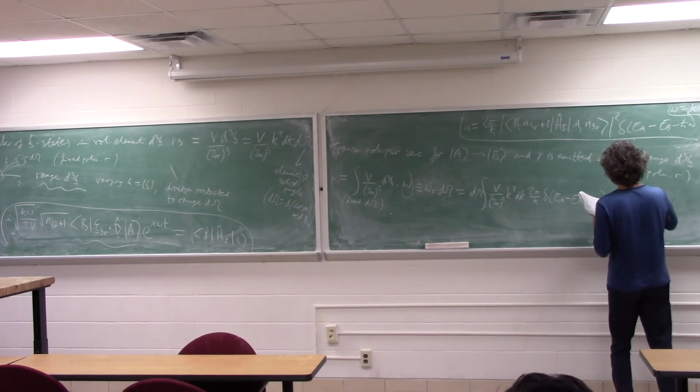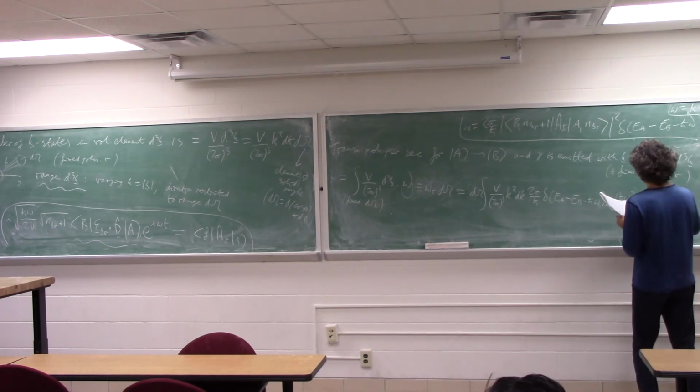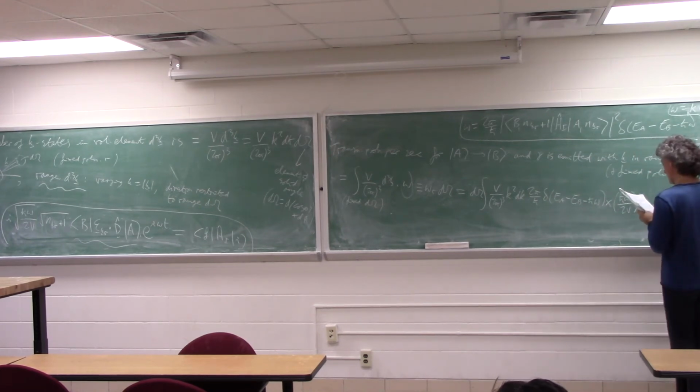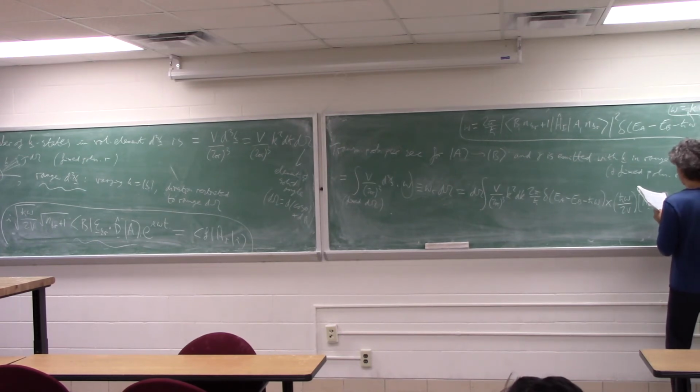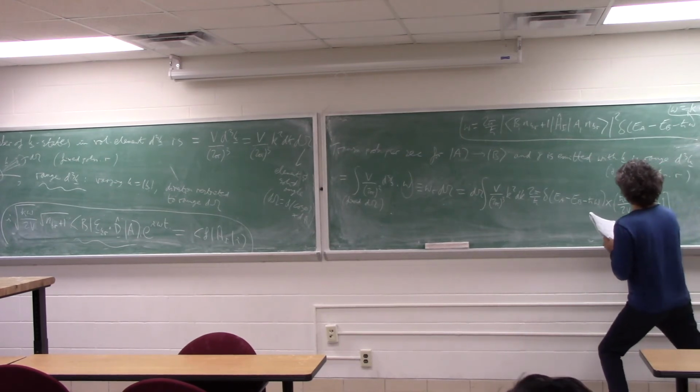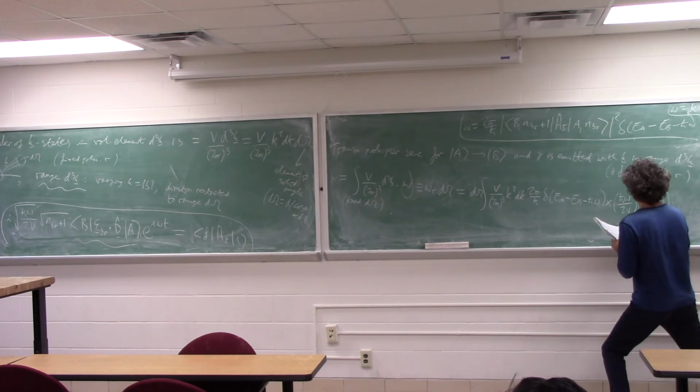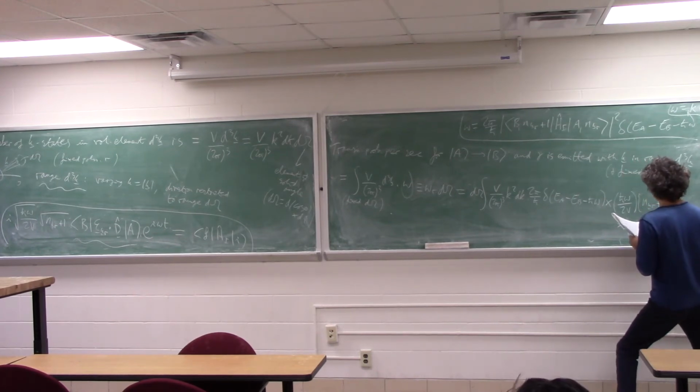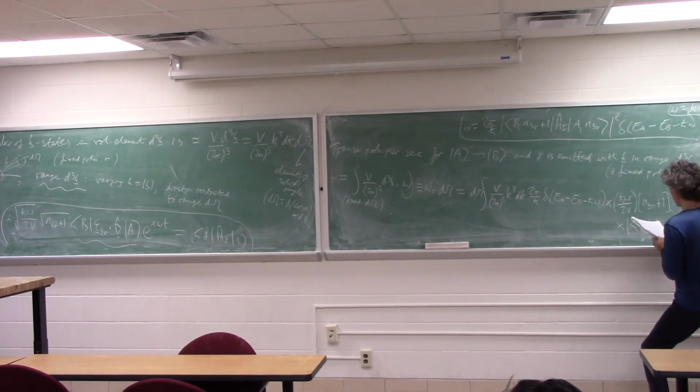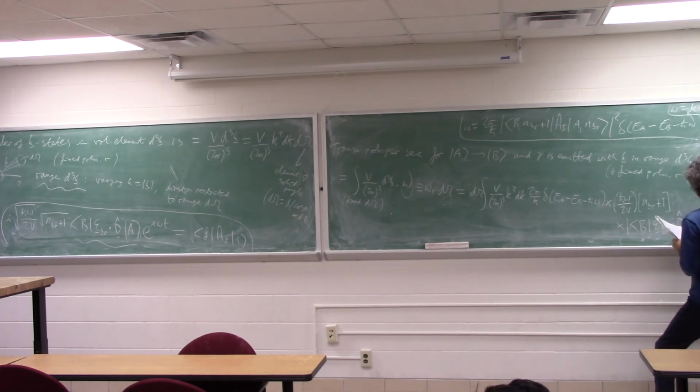We have h bar omega over 2V, times n_kR plus 1, times the magnitude squared of the atomic part of the transition matrix element, epsilon_kR dot the inner product of B with d with A, magnitude squared.